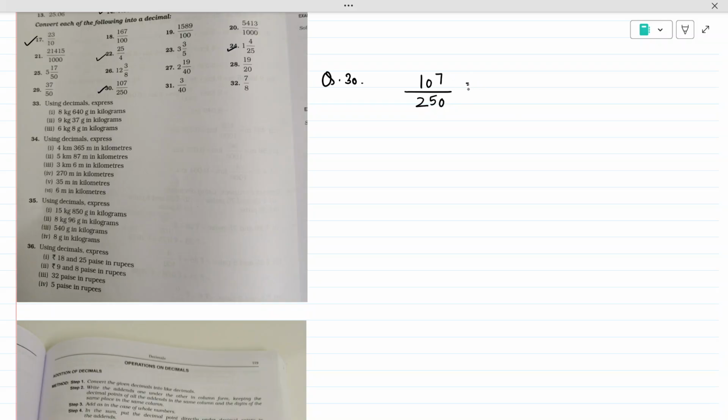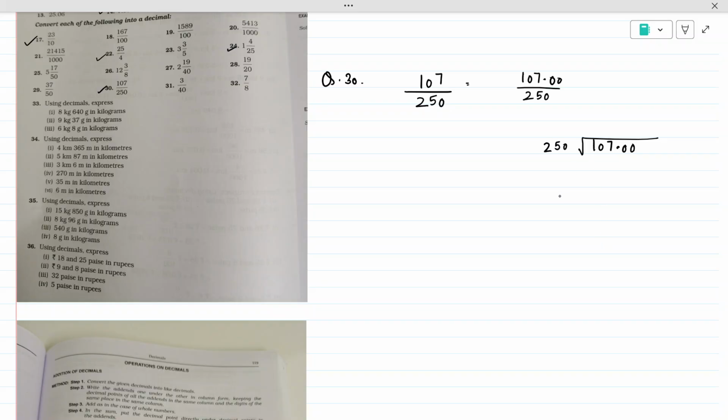So straight away, what we can do is just make this whole number a decimal number, write it like this, and try to divide this by 250 here. So what we have here is 107 decimal 00 and divide this by 250.